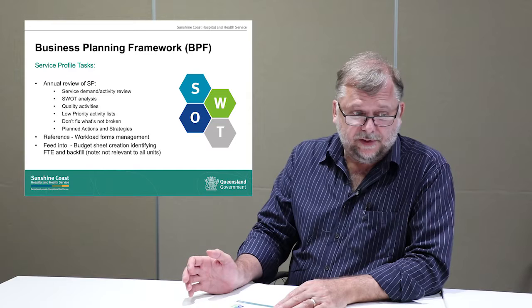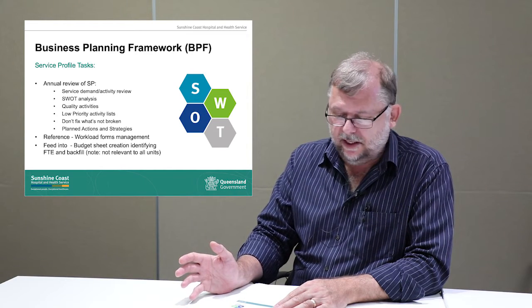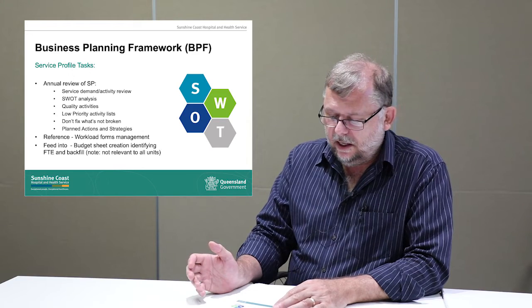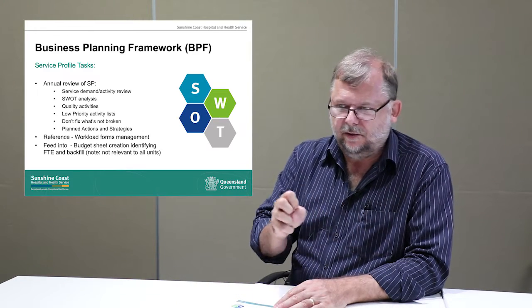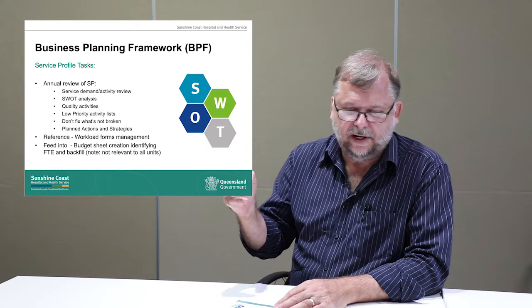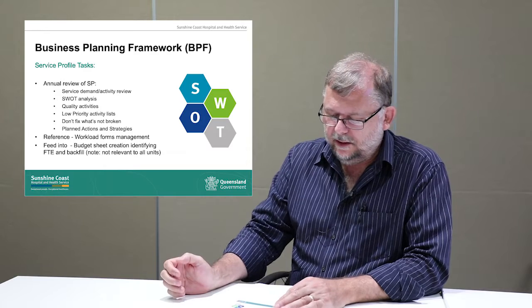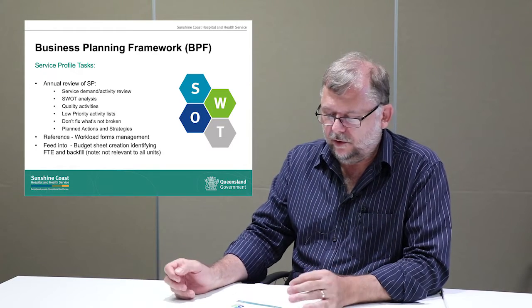You'll need to make reference in your service profile to any workload forms and issues that have come up throughout the year. And then you'll need to feed all of that, the outcome of that, into a budget planning session with your business as to how you're going to staff to provide the FTE and backfill to make your unit work.